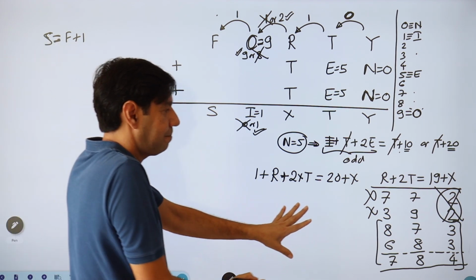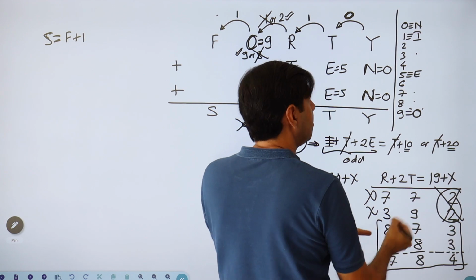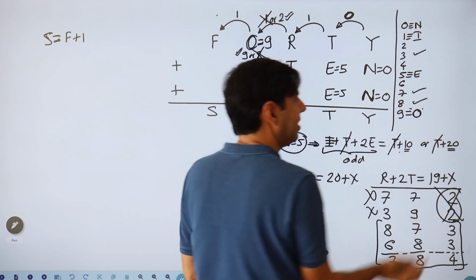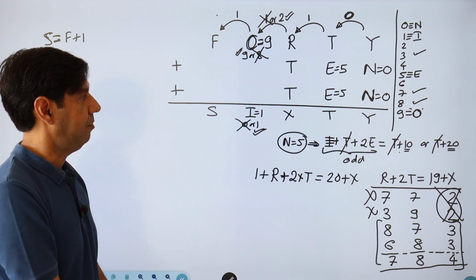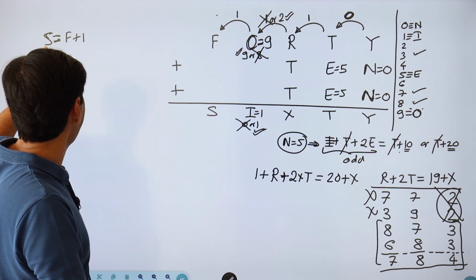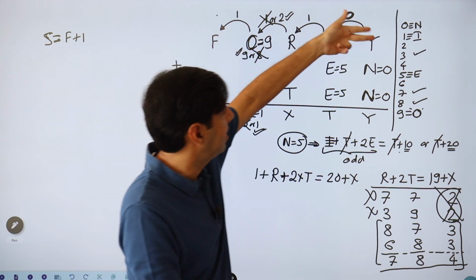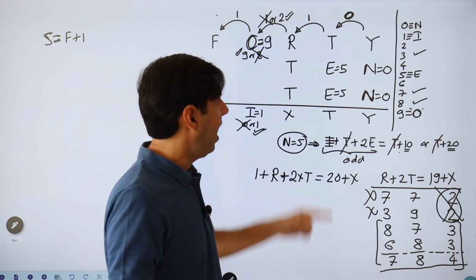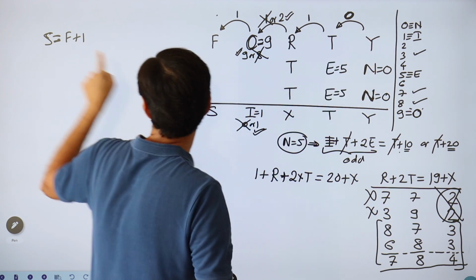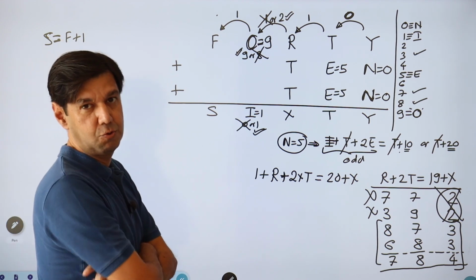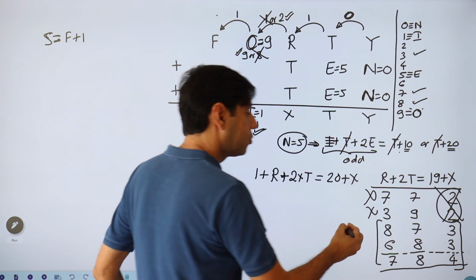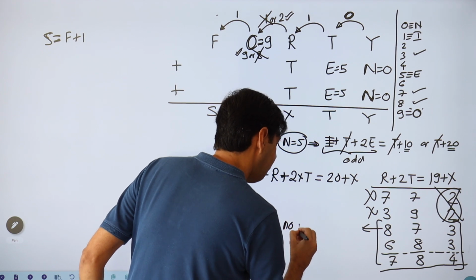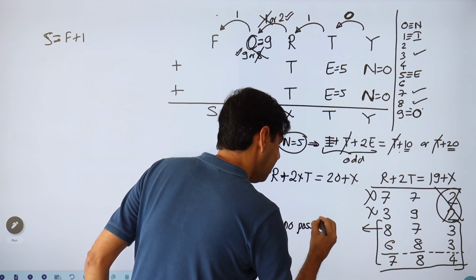So if I take the possibility 3, 7 and 8, can you put S and F as consecutive numbers? What is left is 2, 4 and 6, and none of them are two consecutive numbers. So this gets lost because no possibility for F and S.